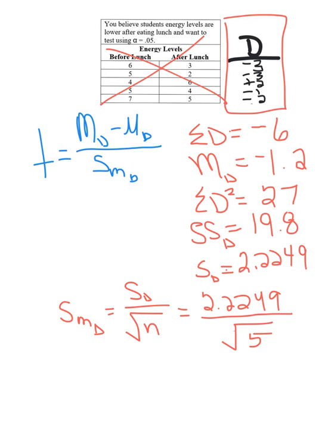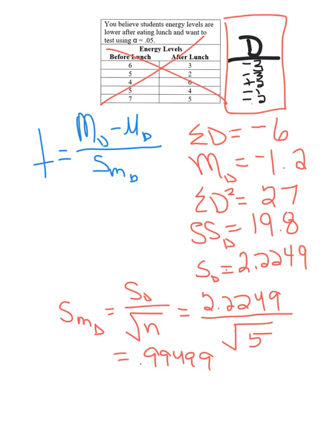Okay, so 2.2249 divided by the square root of 5 is 0.99499, I'm going to say. Okay? So we have everything we need to calculate our t obtained now.